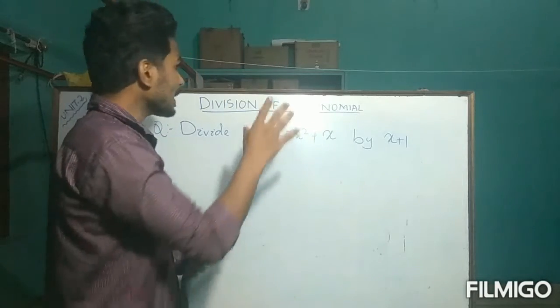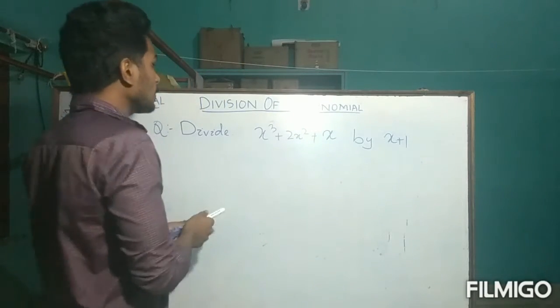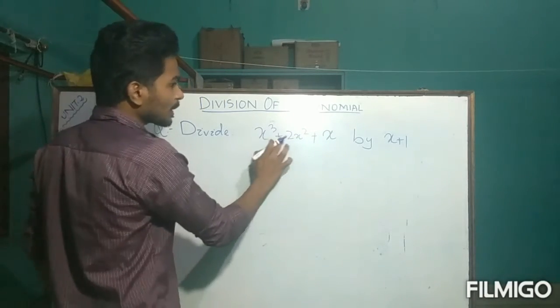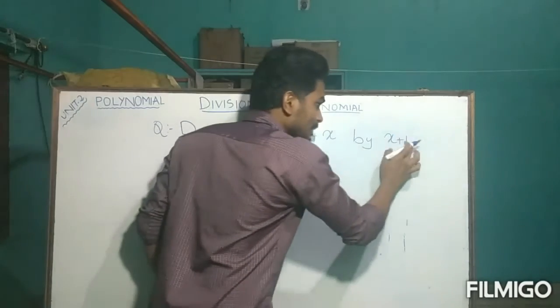Let us do another long division. Divide x cube plus 2x square plus x by x plus 1.